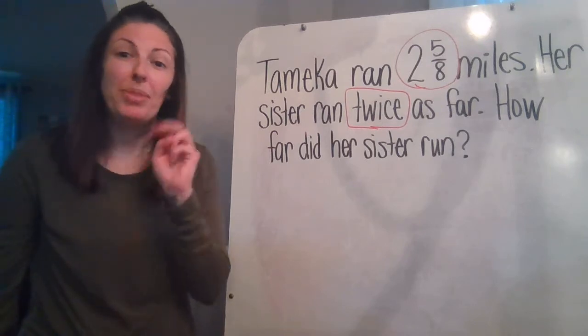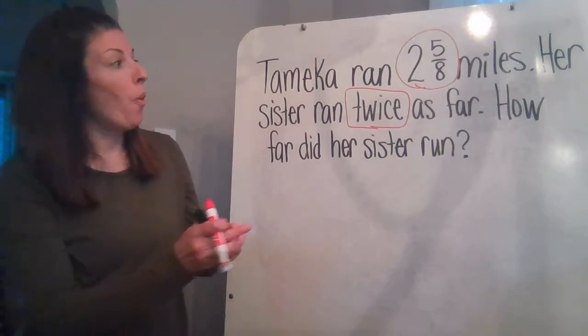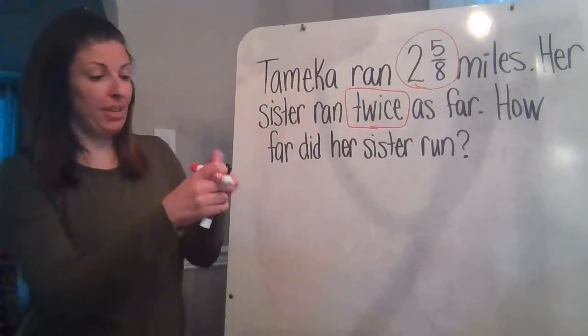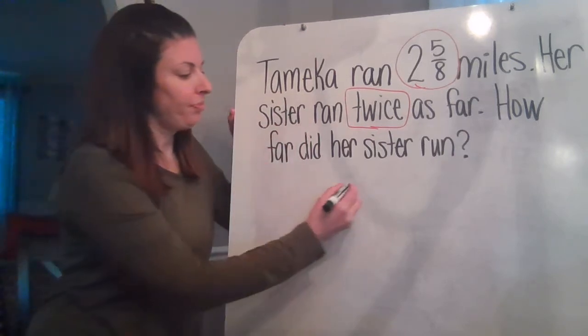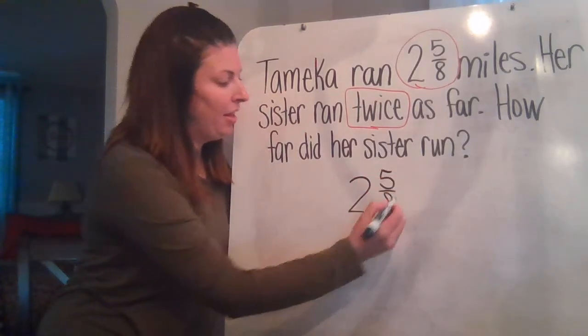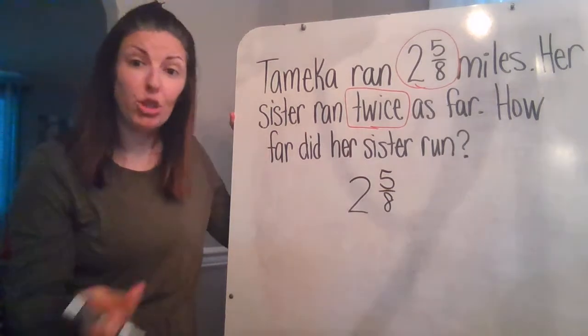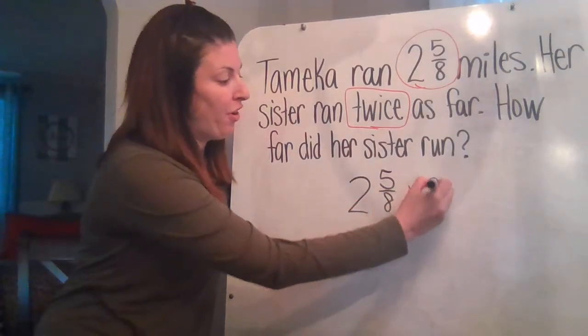Yep, twice means we're timesing it by 2. So we're taking how far Tamika ran, her 2 5/8 miles, and we're timesing it by 2 because we know her sister ran twice as far.